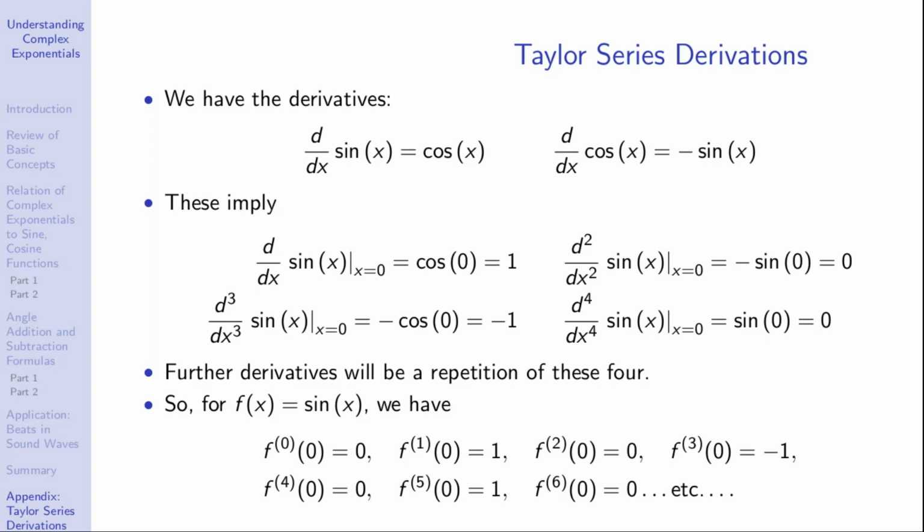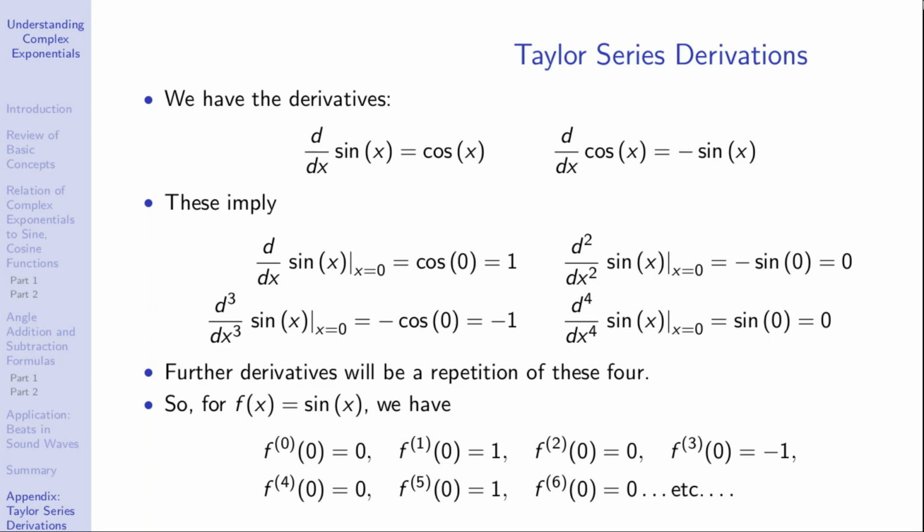The second derivative of sine of x, evaluated at 0, is equal to minus sine of 0, which is 0. The third derivative is equal to minus cosine of x evaluated at 0, so that's minus 1, and the fourth derivative is equal to the sine, again evaluated at x equals 0, so that's 0. Now, further derivatives will be a repetition of these four.